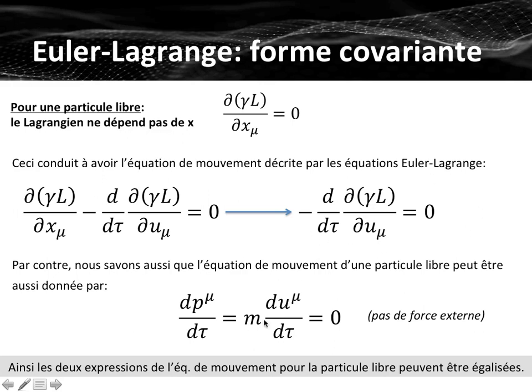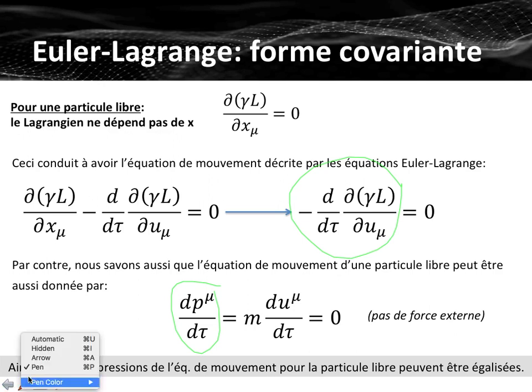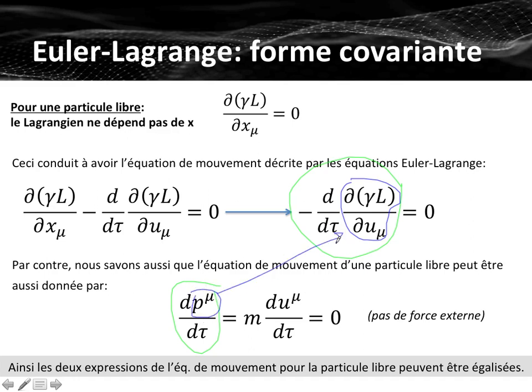So these two equations of motion, both equal to 0, are identical. So if you put equality between them, you have d over d tau of this equal to d over d tau of this, then p mu equals this, with the minus. It's very simple.